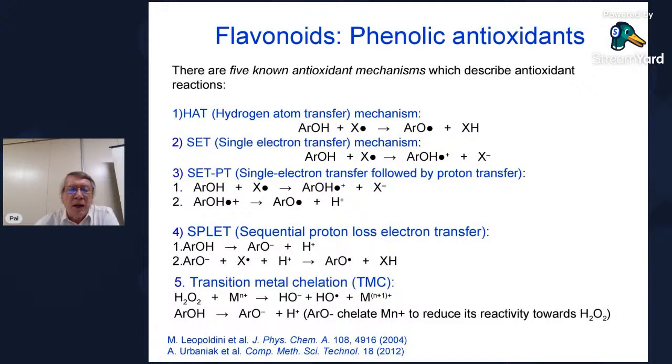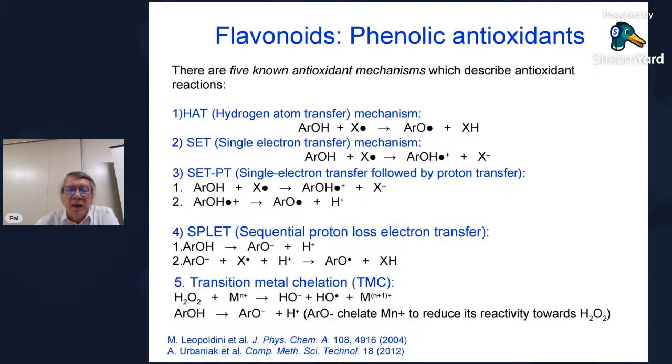In the second mechanism, the so-called single electron transfer mechanism, the phenolic antioxidants transfer one electron to the radical. That way, the unpaired electron of the radical gets paired. At the same time, the radical species, due to the extra electron, is converted into an ion, and at the same time, the phenolic antioxidant is again converted into a radical.